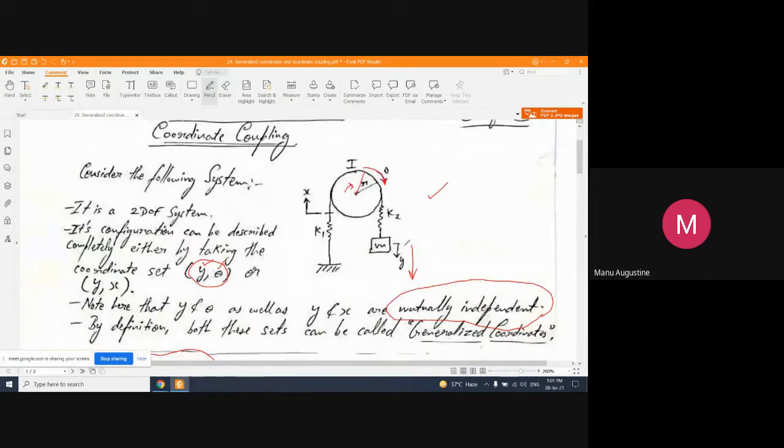Now let us do the experiment in reverse. Instead of giving a small rotation to the disk, I will simply try to pull down the mass by a certain amount of distance. Now, would it imply that as soon as I pull the mass down, it would necessarily cause a small amount of rotation in the disk? Yes.